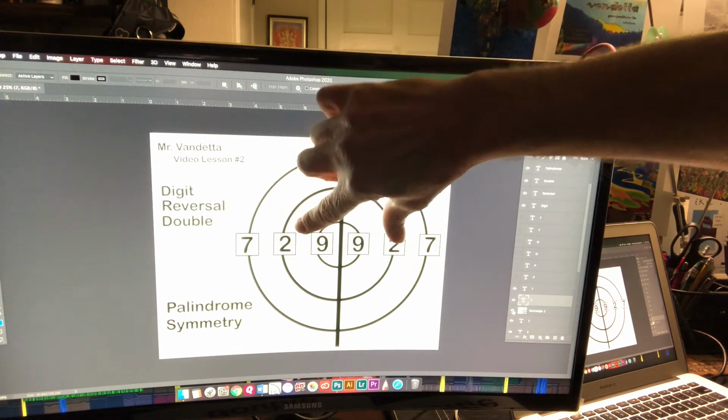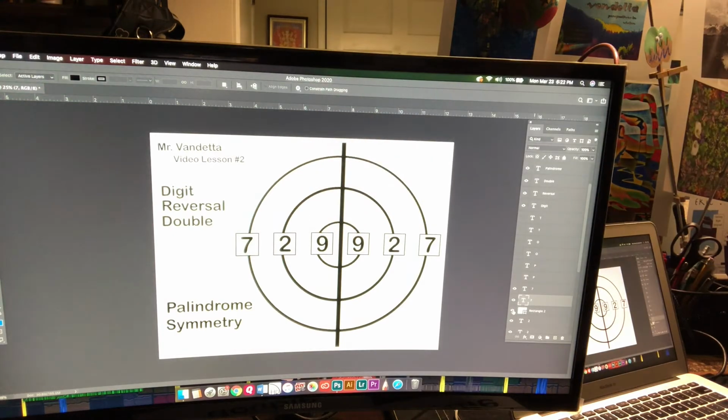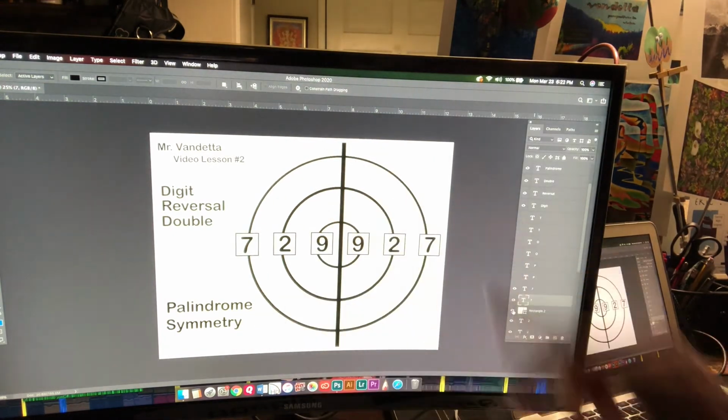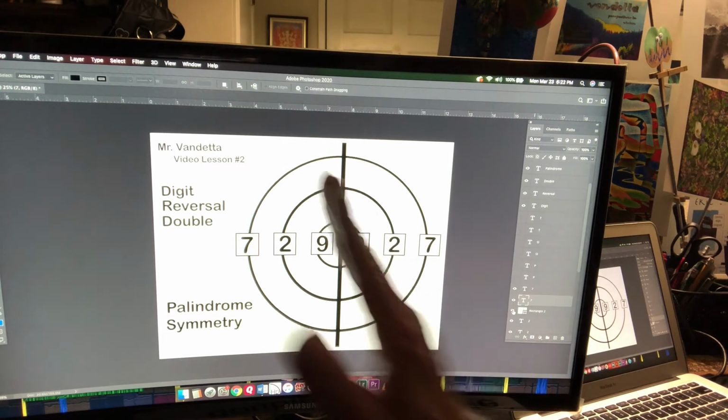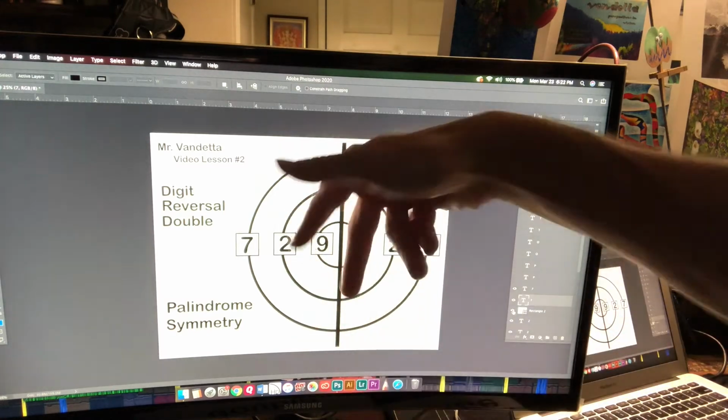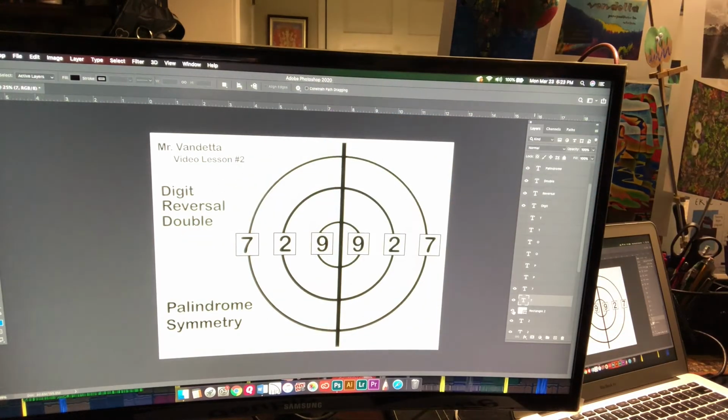If I go in, I find the same numbers once again. And this is called a symmetrical pattern. So palindromes are symmetrical because they match on both sides as a reversal. Alrighty?